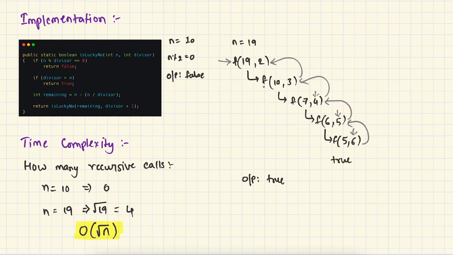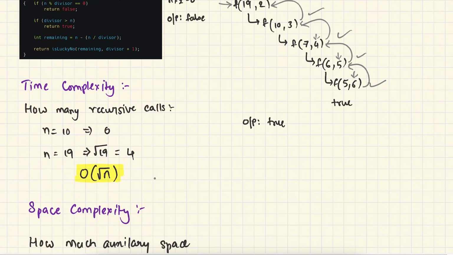And it is true. See how many calls there are? 1, 2, 3 and 4. And this is the main function, right? This is the main function call and all these calls are recursive. So we could say that the time complexity of this solution comes out to be big O of square root of n, right? Now what about space complexity?